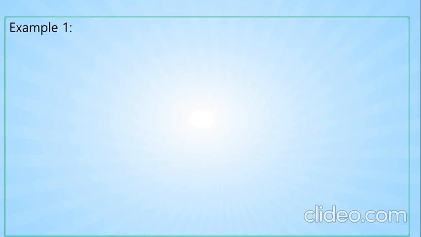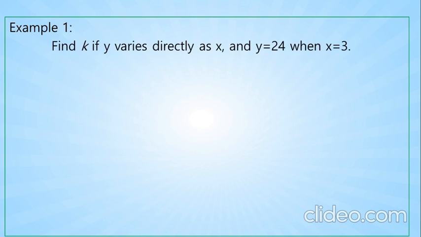So let's consider some examples. Example 1: find k if y varies directly as x and y is 24 when x is 3. For our first solution, we first translate y varies directly as x as y = kx.